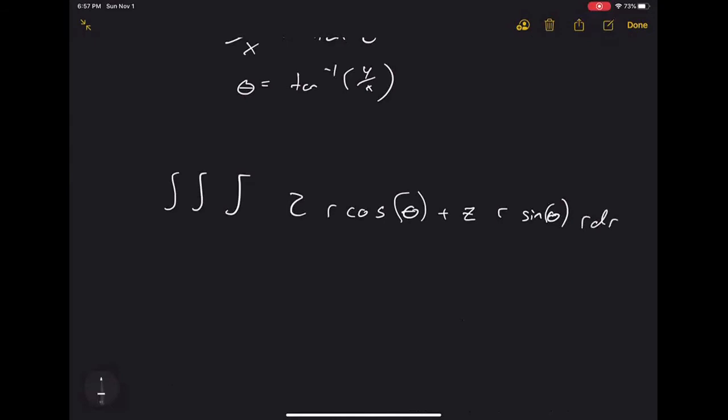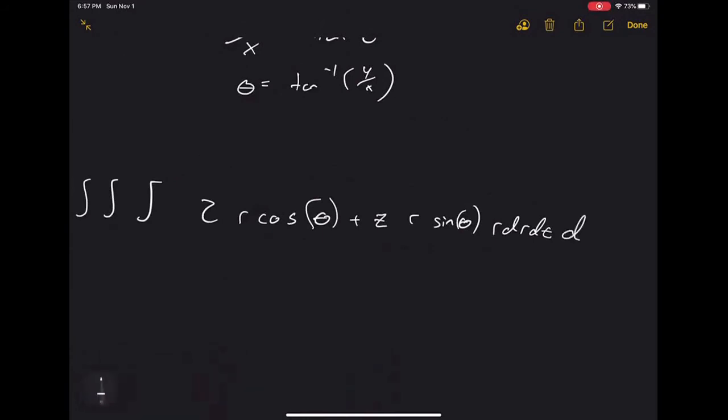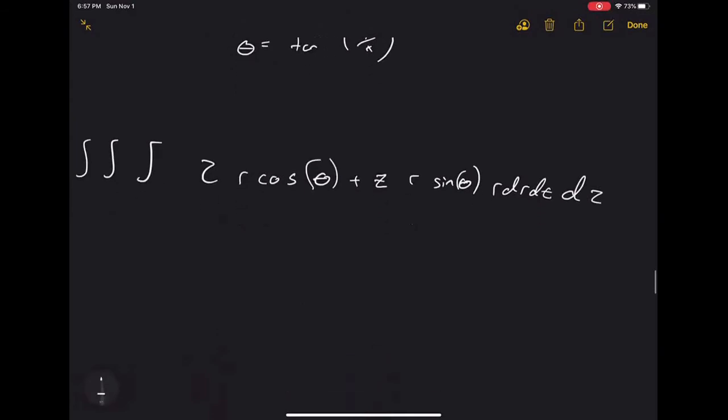I always convert to r dr d theta, and then I have a dz that stays the way it is. So just like with polar coordinates, I have that r term coming along for the ride. So I've converted the stuff inside my integral.